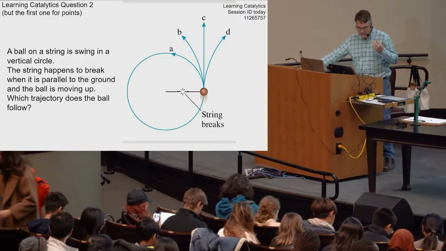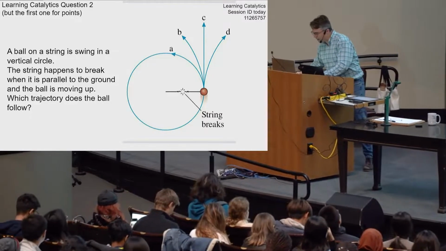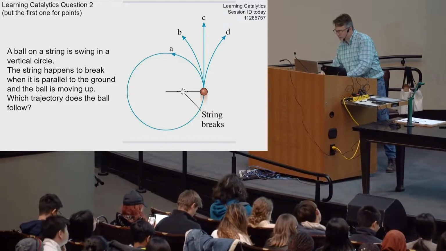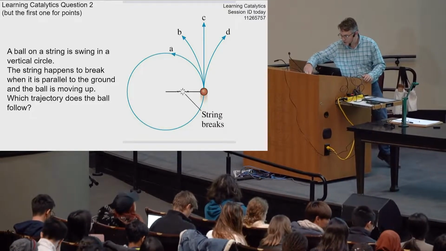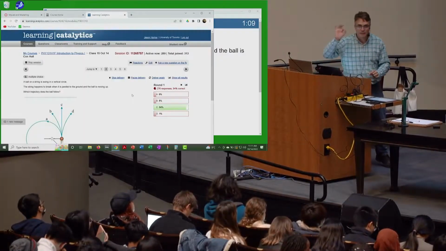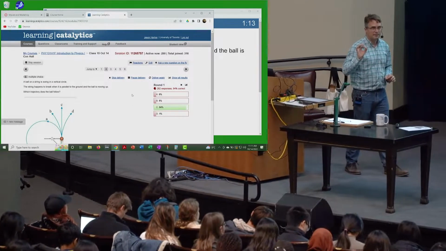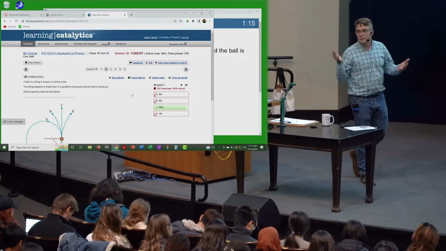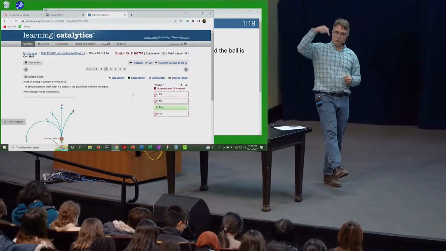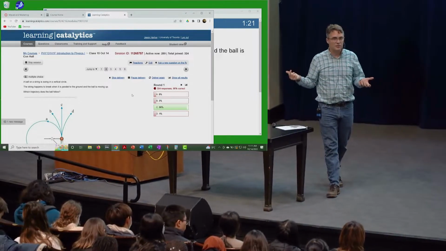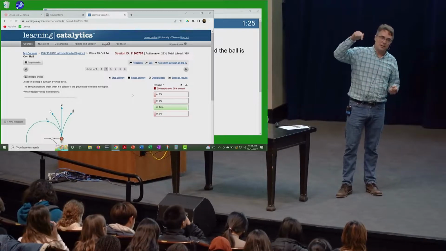So, the idea being that when an object is in a circular path, let's just look at this. It has a velocity at any moment which is tangent to the circular path. And there is a force also on it giving it an inward radial acceleration, sometimes called centripetal acceleration, exact same thing, which keeps it on the circular path.